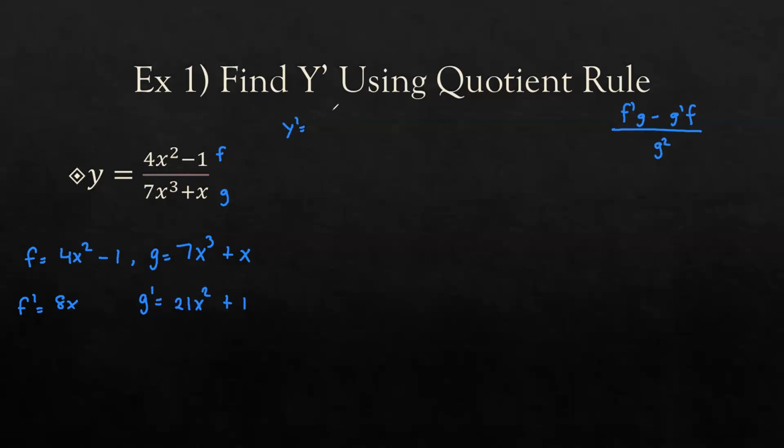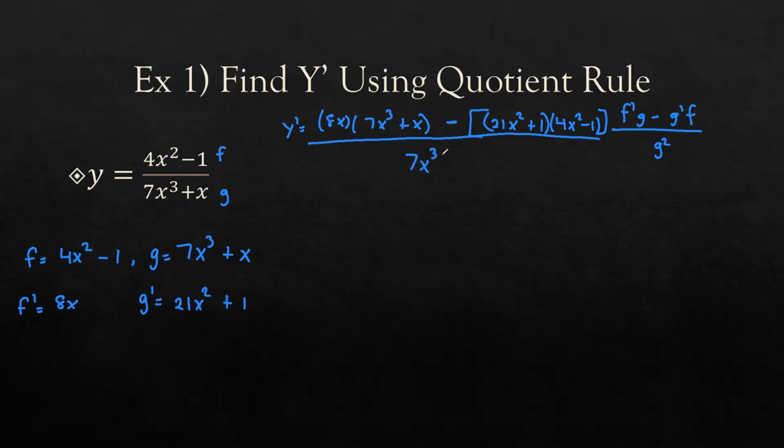So f prime is 8x times regular g, which is 7x cubed plus x, minus the bracket, g prime is 21x squared plus 1, times regular f, which is 4x squared minus 1, all over g squared. Regular g is 7x cubed plus x, squared.